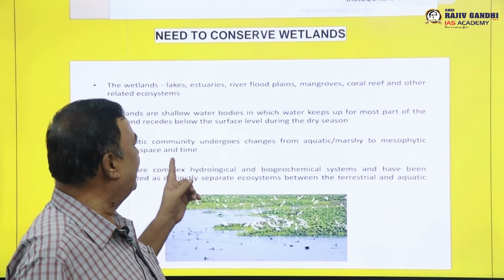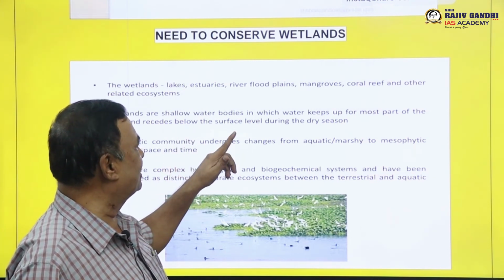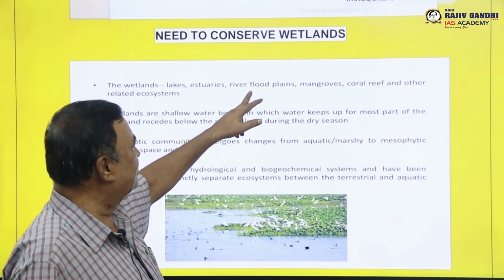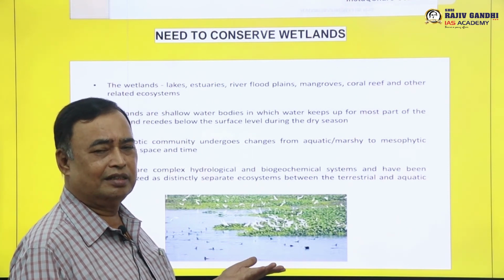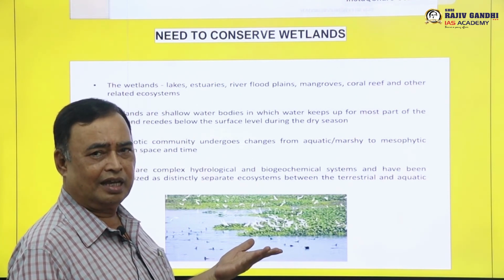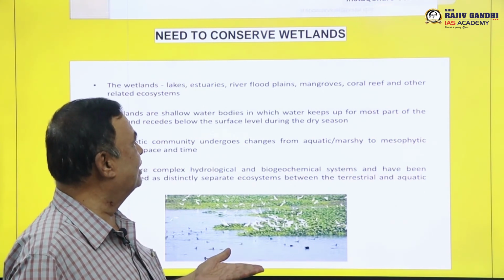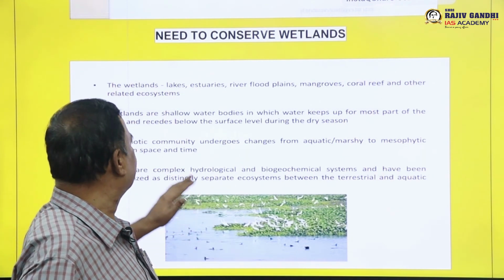Therefore, this is almost a chain. If one gets affected, the other things will get affected. It means if flood water comes with more impurities, naturally the system would get spoiled. The best example is the Ganges River. It brings more impurities, therefore the water animals found in the Ganges slowly disappear.